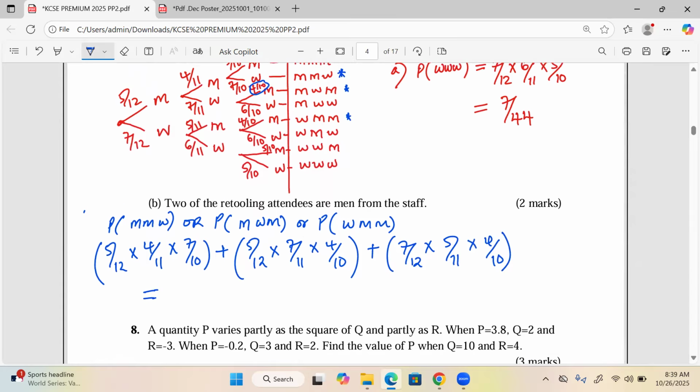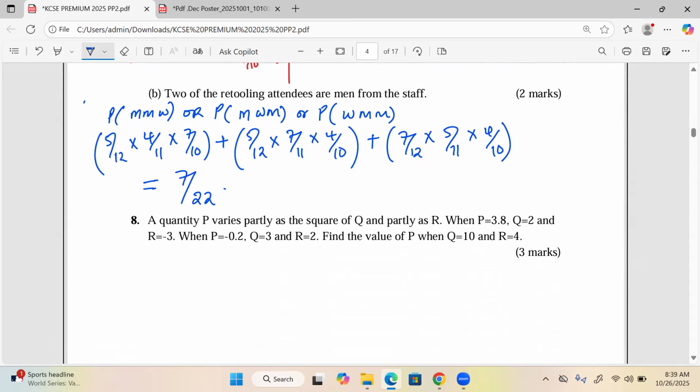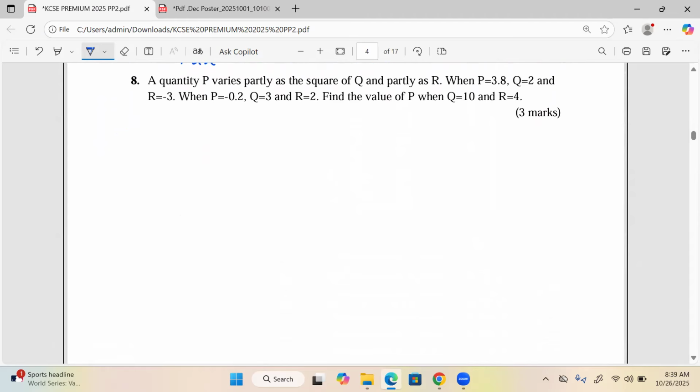So I'm getting 7/22. Like that. When the marks are only 2, you try as much as possible to save time, because after the method mark, we should expect you now at the accuracy mark. As long as you're very accurate, you open your brackets very well, kindly use one step in such a case.